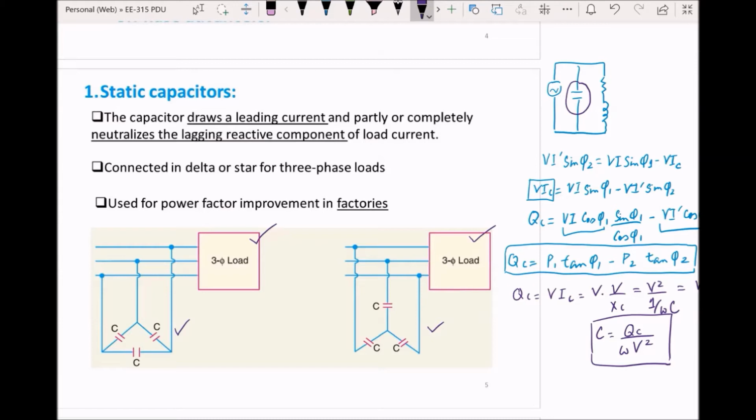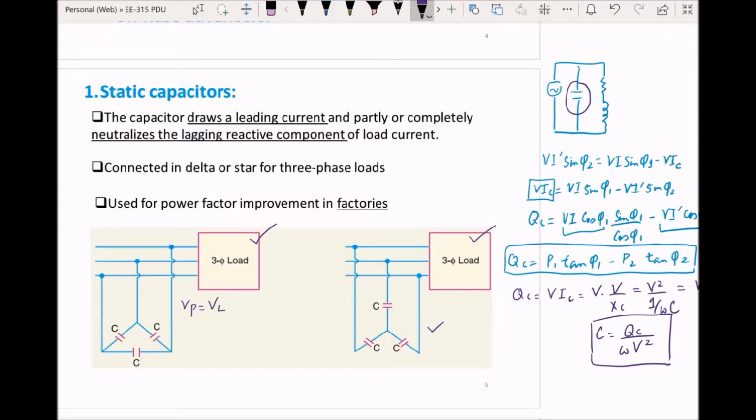So let's say we want to calculate the value of the capacitors connected for a three-phase load. In this connection here, we can see the capacitors are connected in delta. For a delta connection, we know that the phase voltage coming in will be equal to the line voltage.